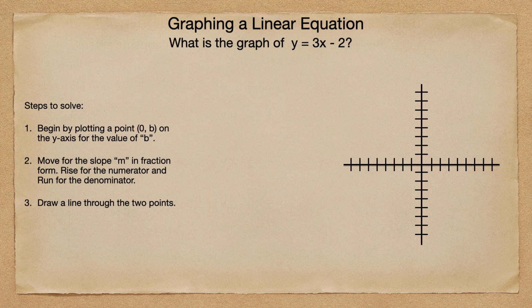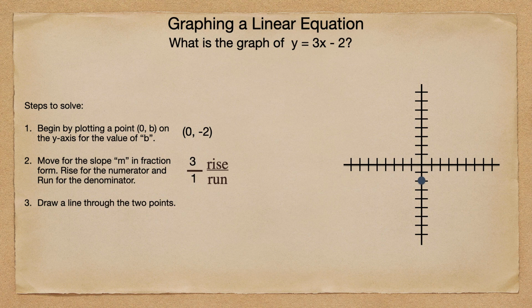Let's take a look at graphing a linear equation. We're going to graph y equals 3x minus 2. We will begin by plotting the point 0, negative 2 on our y-axis. That is our y-intercept. From here, we will move the slope, which is rise over run, or in this case, 3/1.